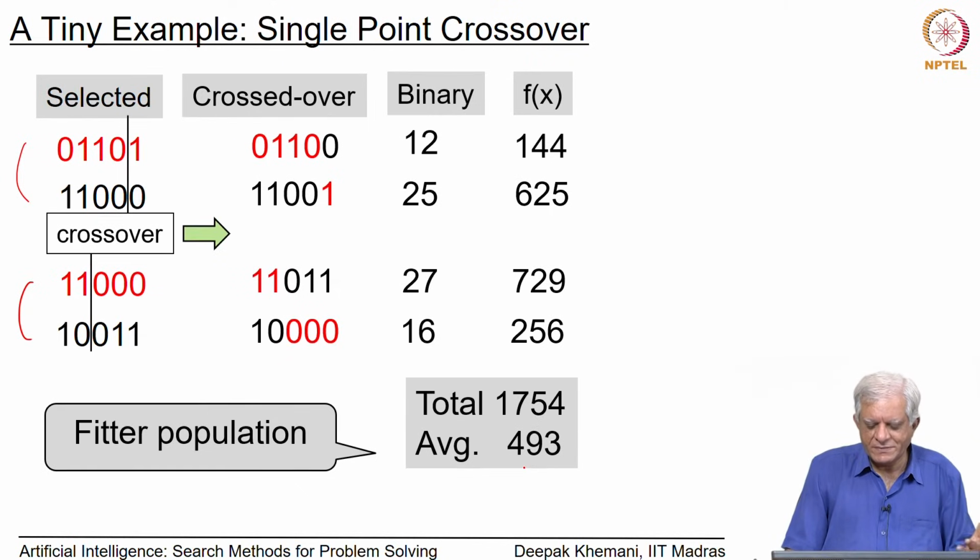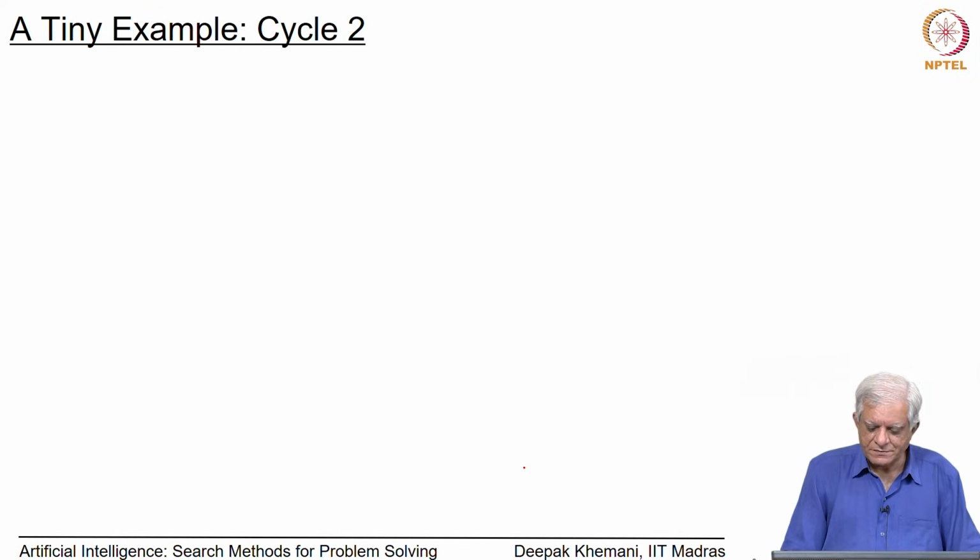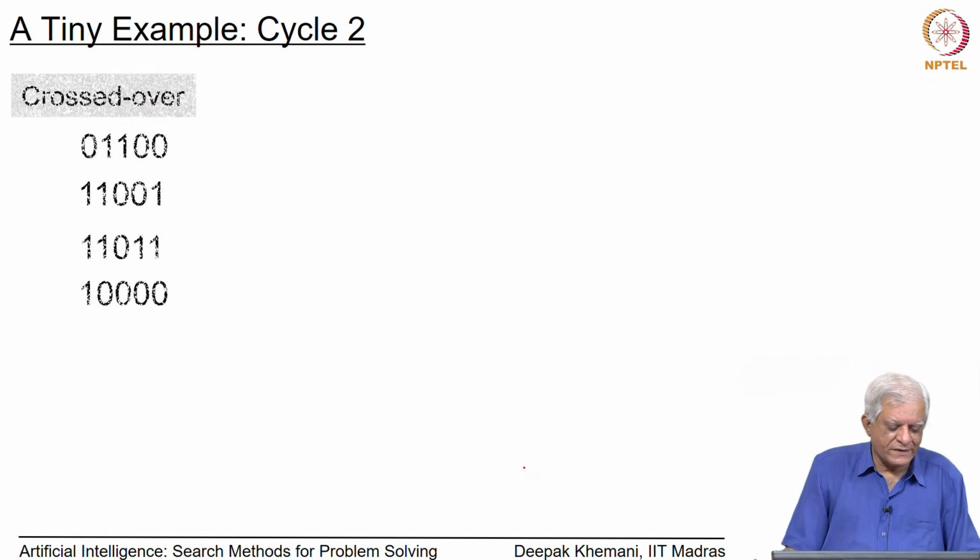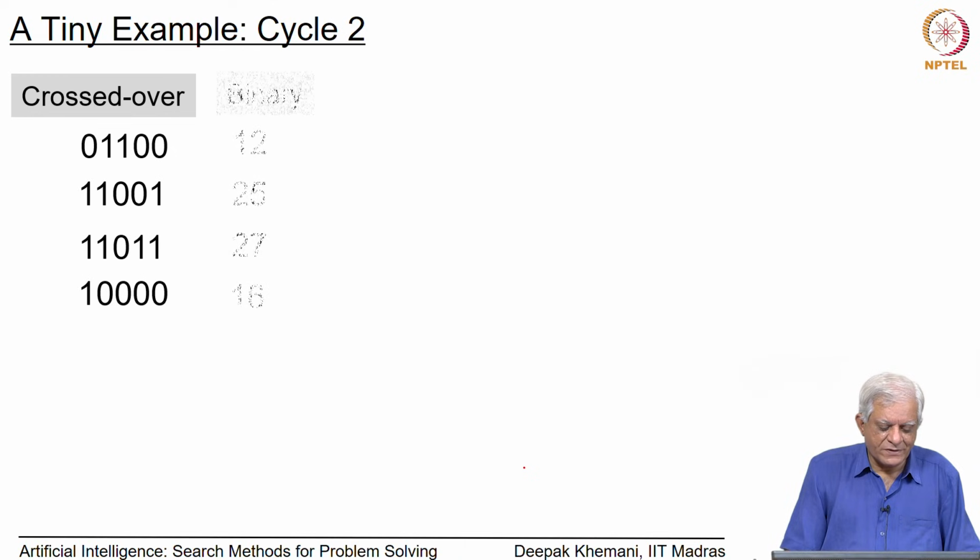So, you can see that by selecting fitter candidates, we can increase the average fitness of the population. Now, with this new population, assuming that there is no mutation here, we go through the cycle all over again. We start with this crossed over population, and again we repeat the process of selection.